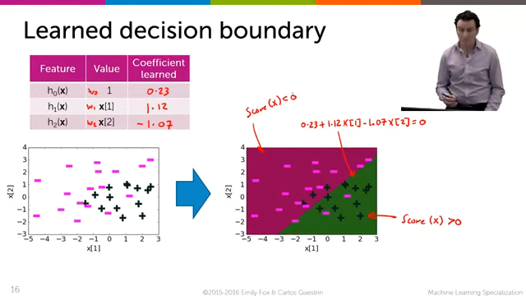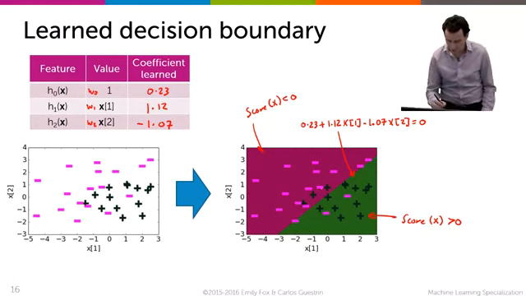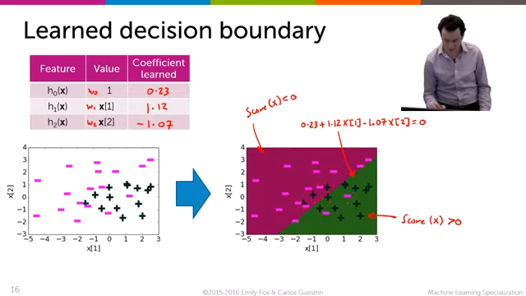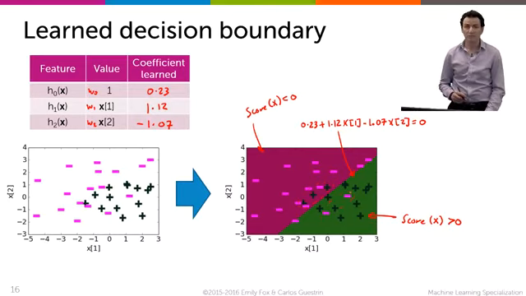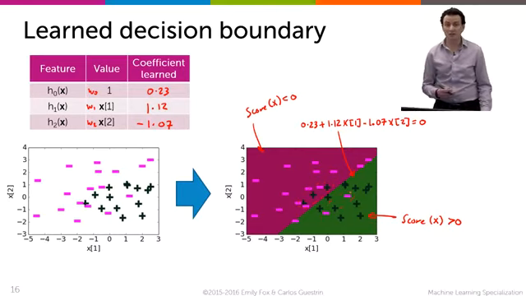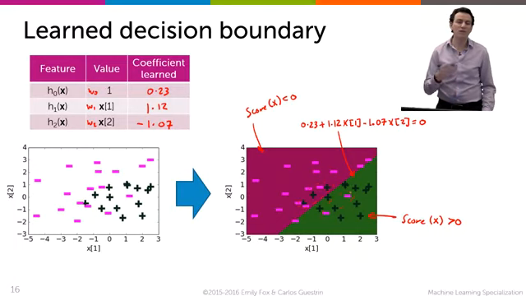You see that it does a pretty decent job of separating the positives from the negatives, but there are a few points that are misclassified in the training data. This plus is over here, and this minus is over here. And the question is, can I do better? Can I fit a model with slightly fancier features that does better on this data set?